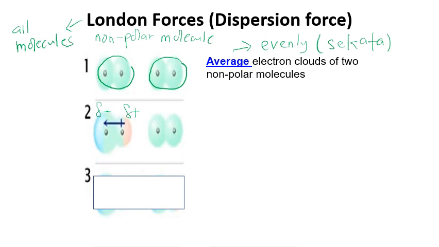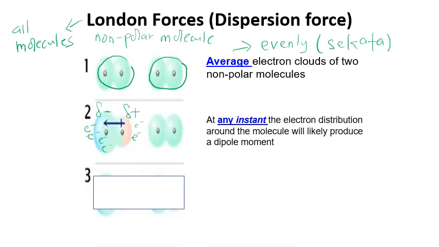This is because most of the electrons are moving to this side, while the other side also has electrons, but fewer. So at any instant, at a certain moment, pada masa certain moment, that means seketika itu, the electron distribution around the molecule will likely produce a dipole moment. Left-hand side has more electrons, so it is partially negative, and right-hand side has fewer electrons, so it is partially positive.